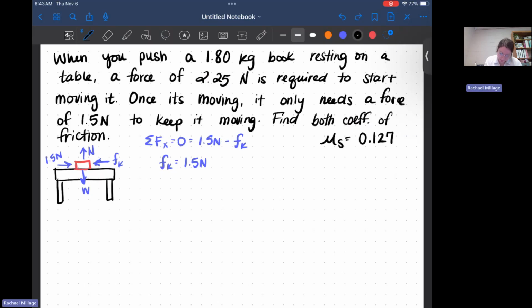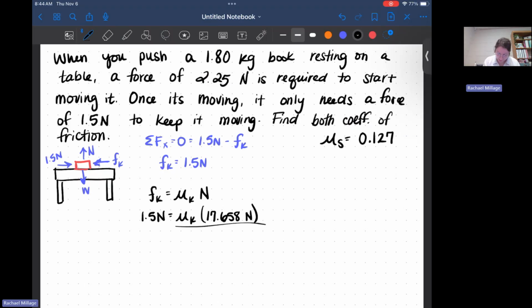So now I'm going to use my equation. My kinetic friction is equal to my coefficient of kinetic friction times my normal force. Well, we just said my kinetic friction is going to be 1.5 newtons, which is equal to my coefficient of friction times our normal force, which we just calculated already, and that doesn't change, 17.658, and this was also in newtons.